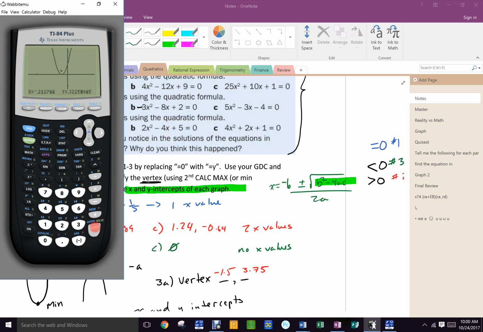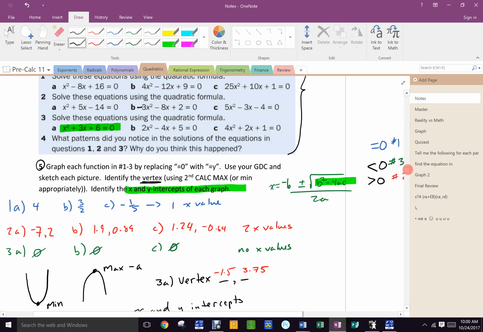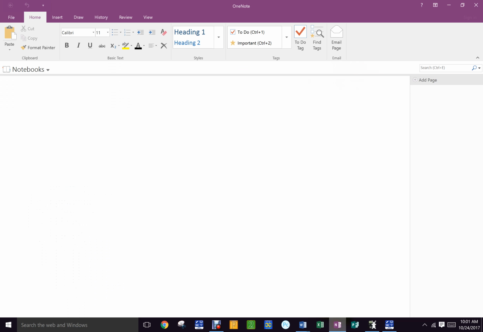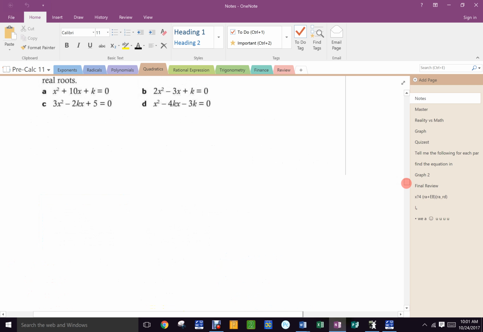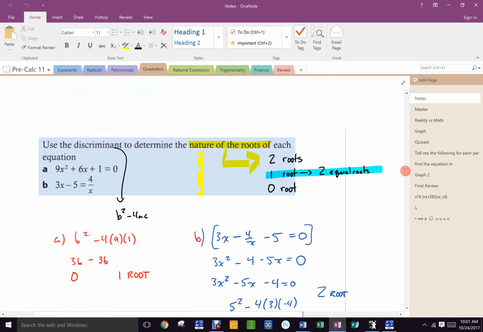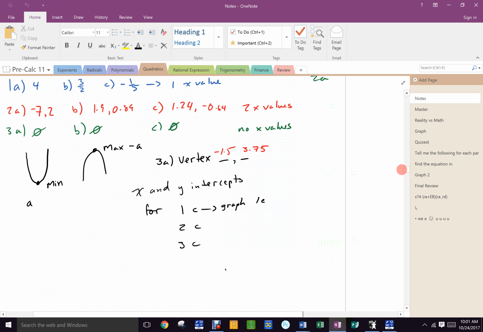Okay, now, it says I want the X and Y intercepts. Now, we have to think back to grade 10 to remember what those things are. The X and Y intercepts.